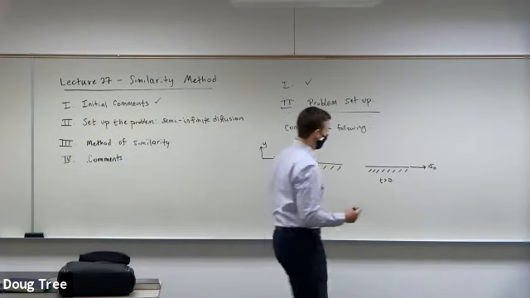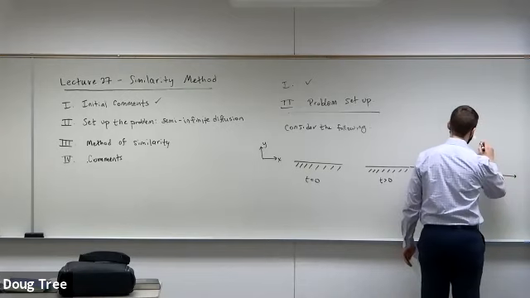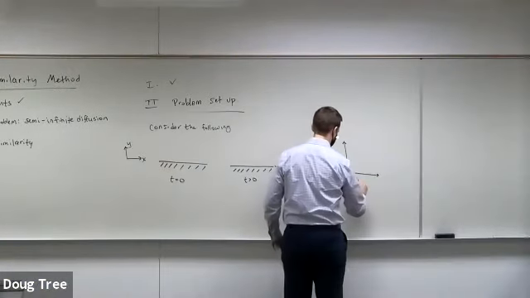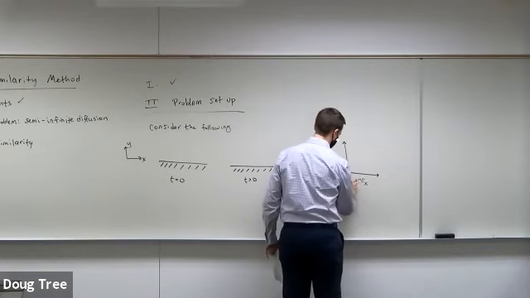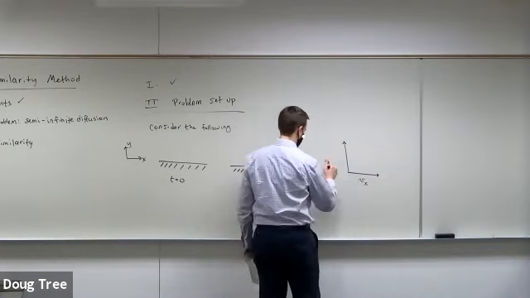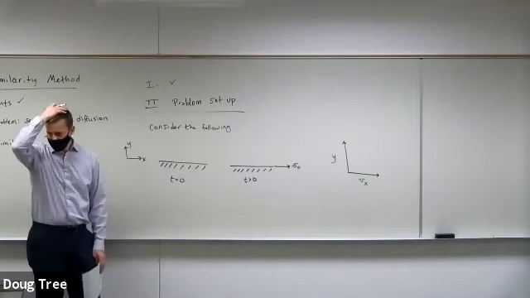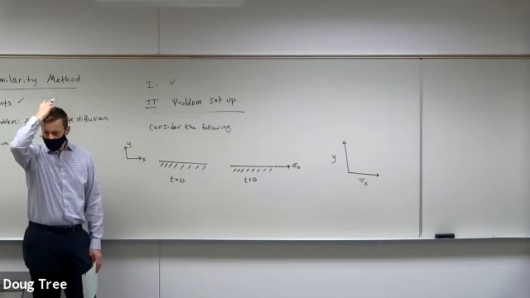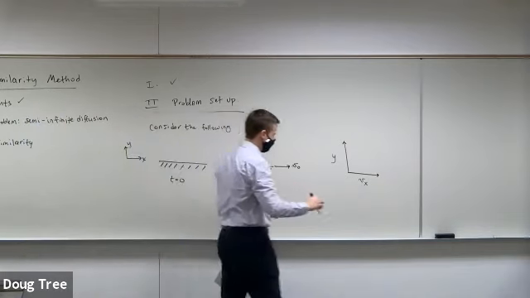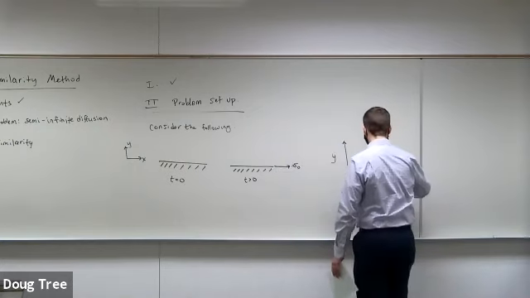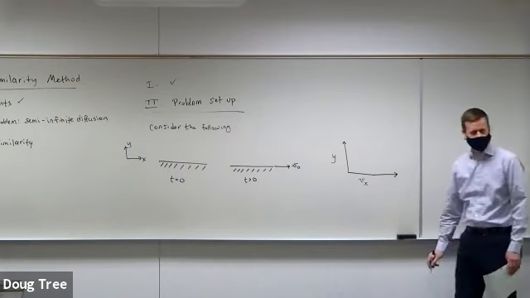If I plot on these axes, I'll put Vx on this axis, and y over here. So what do we expect to happen? What do I think about the velocity at y equals 0?